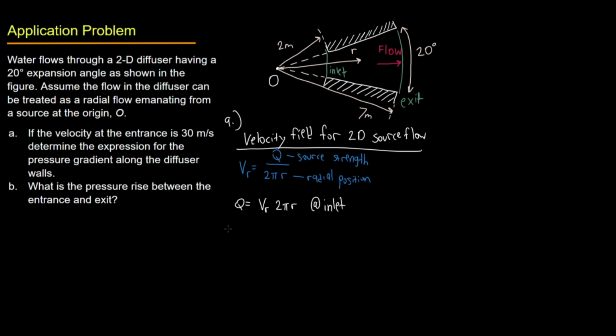And so what that turns out to be is Q equal to 30 meters per second times 2 pi r, where r is set to be 2 meters. That's not 2 m, that's 2 meters. And if we solve this out, Q turns out to be 120 pi meters squared per second. So that's what Q is. We're going to need that.